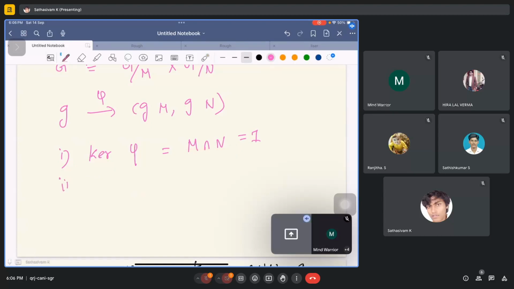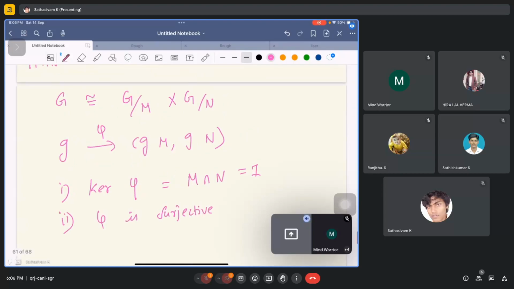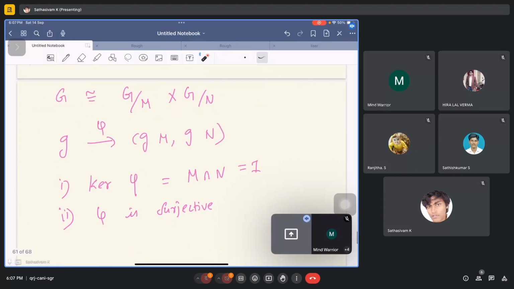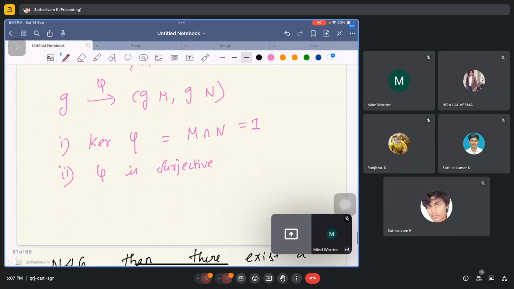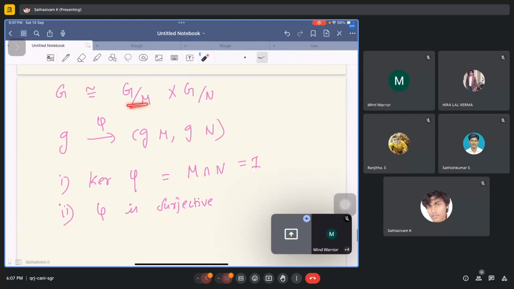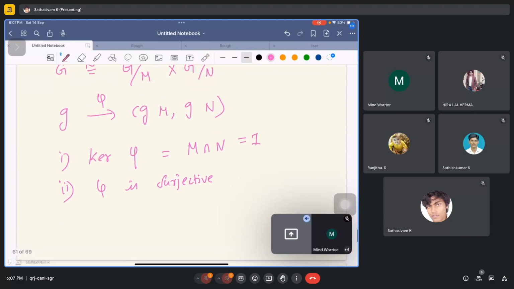Then the second statement is to prove that phi is surjective. Okay. So here you need to use the fact that G is actually MN. You need to use that particular fact, because if you choose any element here, that element looks like g1M comma g2N, right?